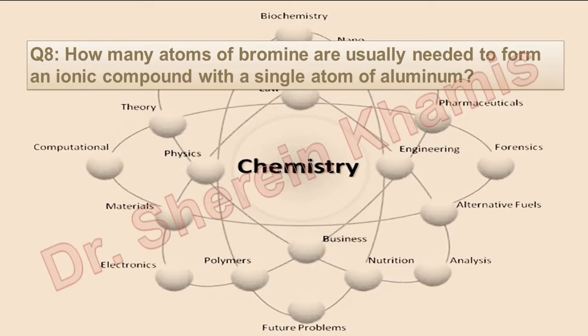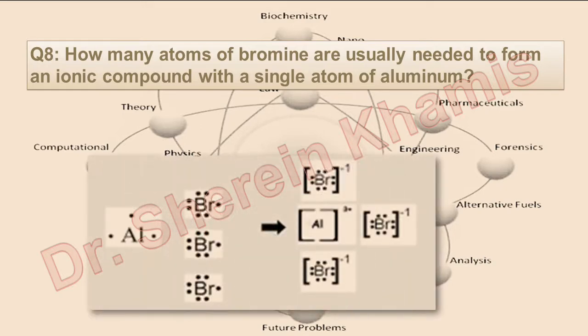So 3 atoms of bromine take the 3 electrons lost by aluminium. If we look at the structure, we have the Lewis dot diagram. We have aluminium as Al with a 3+ charge, and 3 atoms of bromine, each needing 1 electron, as each is surrounded by 7 valence electrons.